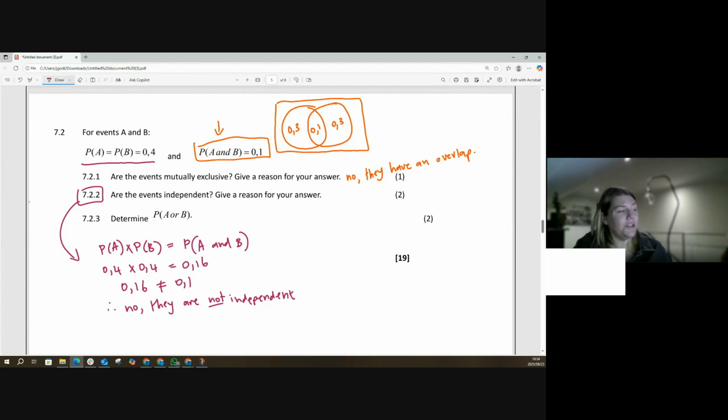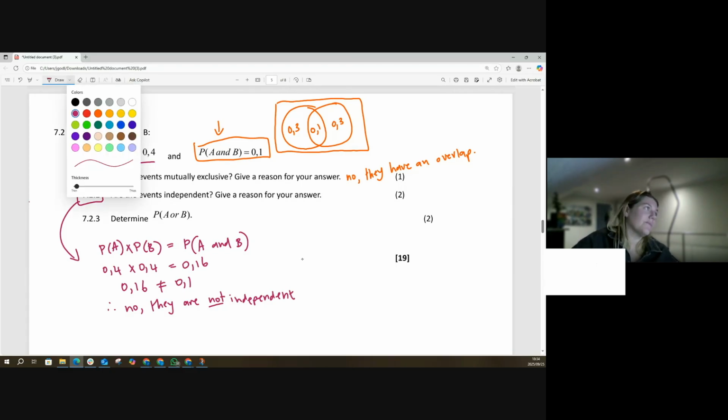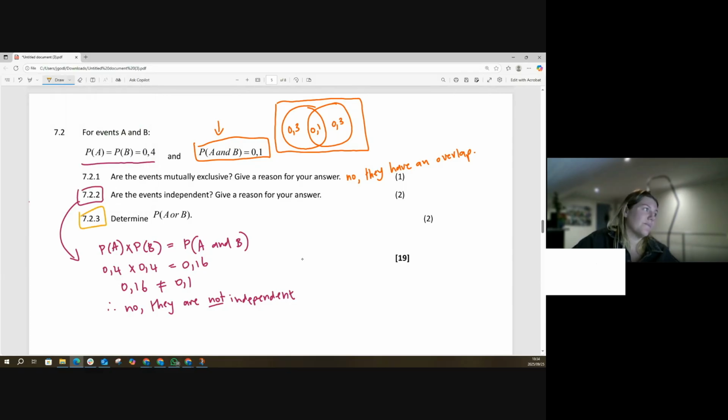Last one, determine the probability of A or B. Exactly, 0,7.